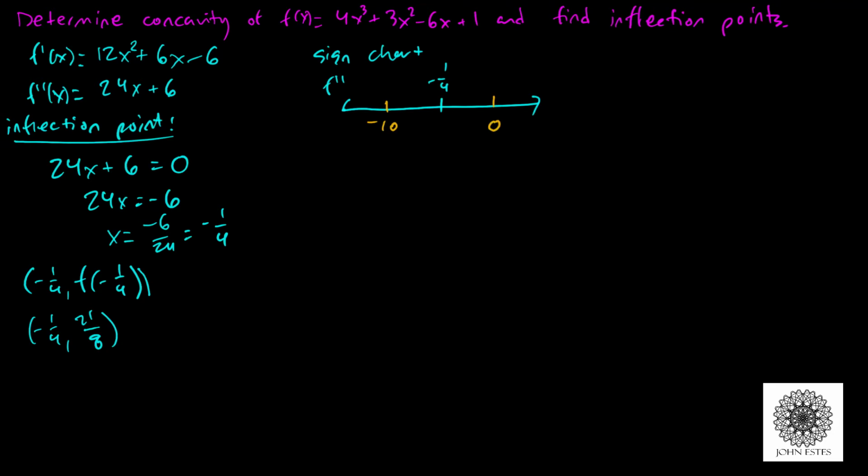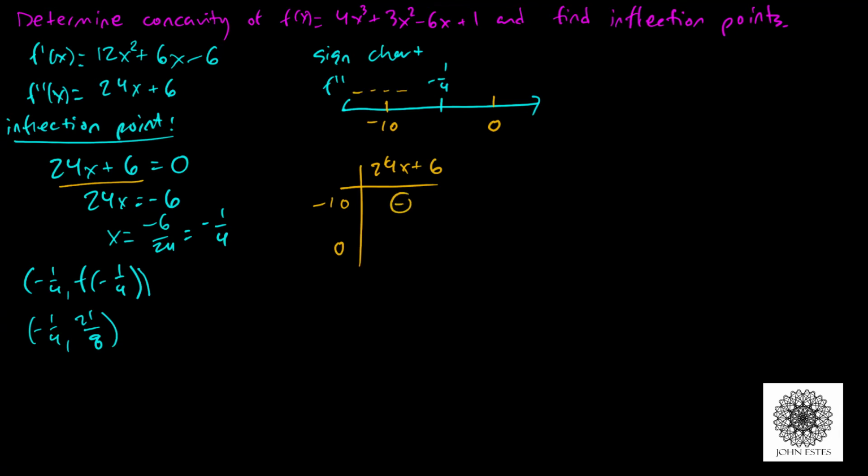And all I need to do is plug these into the second derivative. So I need to plug them into this expression. Generally we set it up something like this. You have 24x plus 6, and I have my test points negative 10 and 0, and all I care about is whether the second derivative here is positive or negative. So if I plug in negative 10, you get negative 240 plus 6, that's negative.